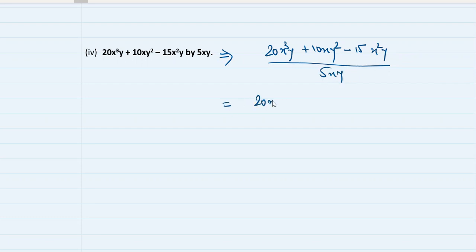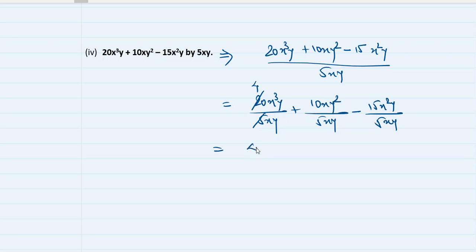So you get 20x cube y upon 5xy plus 10xy square upon 5xy minus 15x square y upon 5xy, and you divide them. So 5 4s are 20, you get 4 over here. X cube divided by x, you get x square over here, and y gets cut straight away.